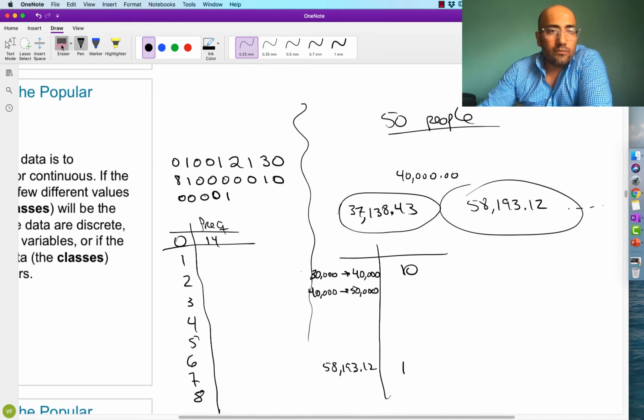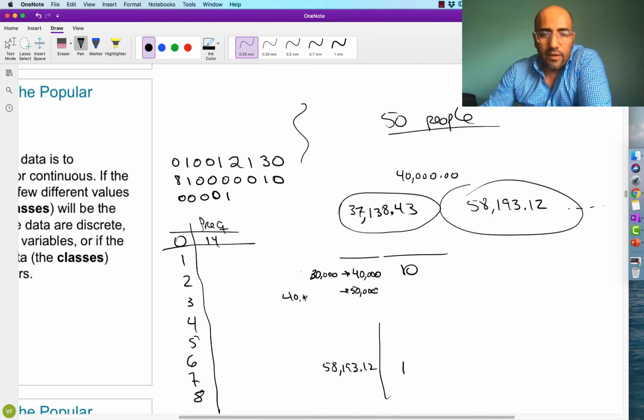So what I could do is maybe define this thing by a little bit more precision. So to 40,000, and from 40,000 and 1 penny.